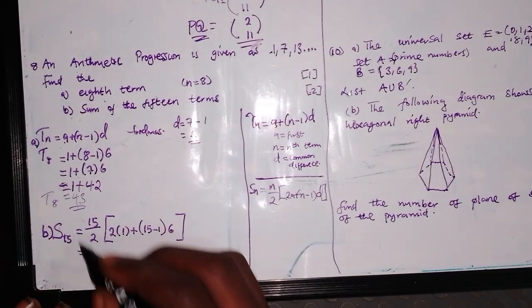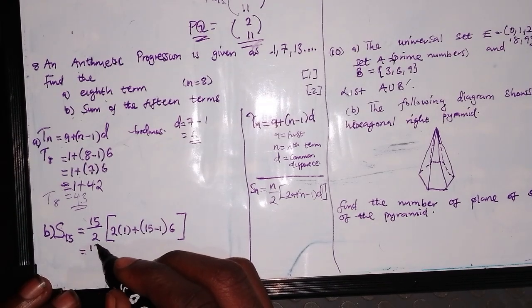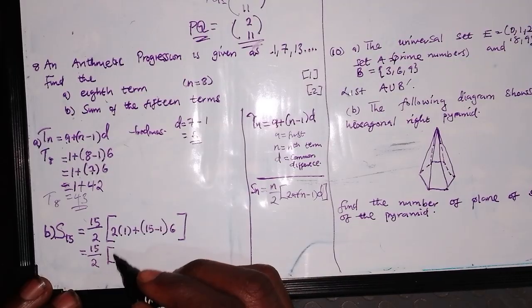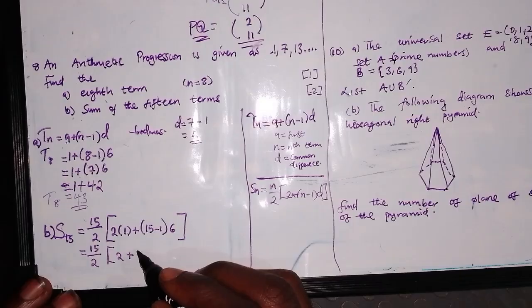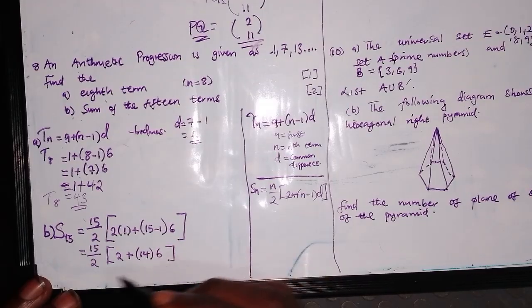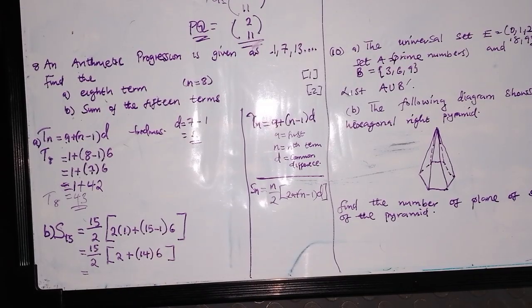Yeah. So here again, you can't simplify it, so you just have to take it the way it is, 15 divided by 2. Then you multiply 2 times 1, we have 2, plus 15 minus 1, we have 14, times 6. So again here, 14 times 6 is what?